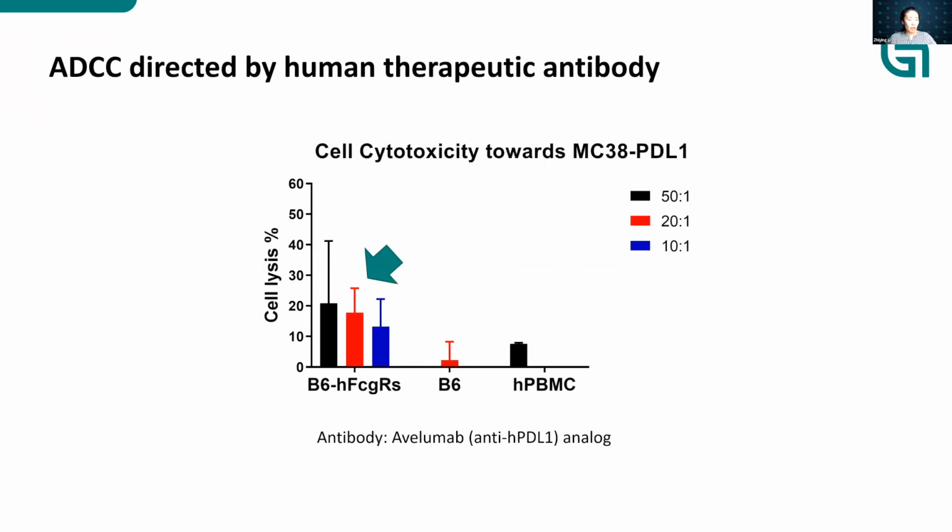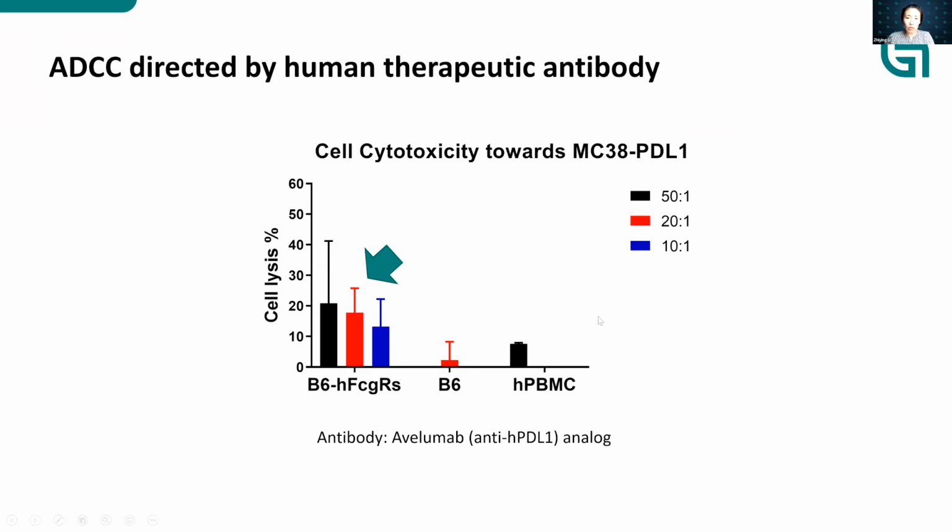So moving forward a little bit, we did an in vitro ADCC. What we did here is basically have a cell culture of MC38 tumor cells. These tumor cells are expressing PD-L1 because we want to use an anti-human PD-L1 antibody to elicit the ADCC effect.